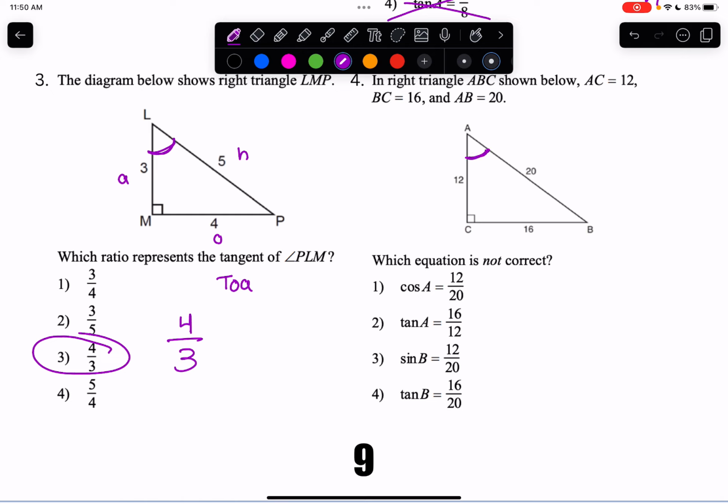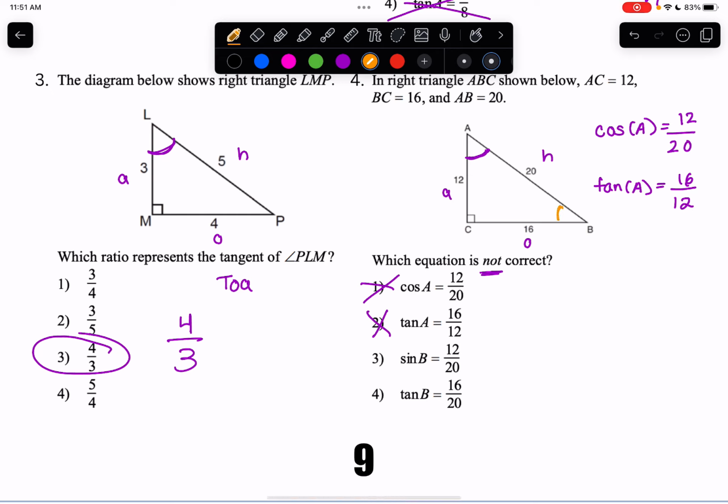If I'm looking at angle A, we have opposite, adjacent, hypotenuse. Cosine of A would have to be adjacent, which is 12, over hypotenuse of 20. That is correct, so number 1 cannot be my answer, because I'm looking for not correct. Tangent of A is opposite over adjacent, which matches B, so it's not going to be that as my answer choice.